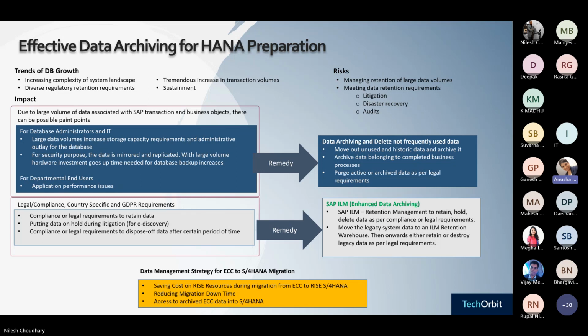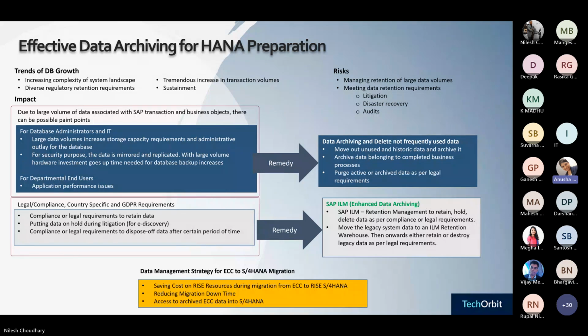If you are going with a 10 terabyte or 20 terabyte database, in terms of backup, refresh, or downtime, it would be very huge and time consuming. Once you archive the data and make your database very lean, you can see a significant reduction of the downtime.